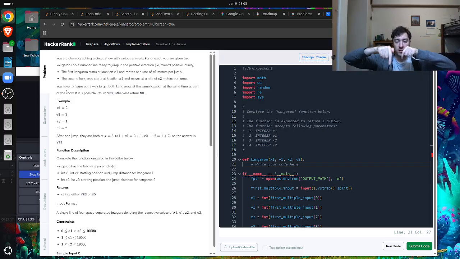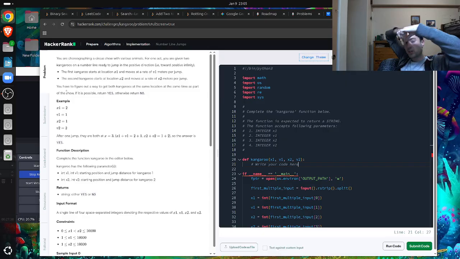The other one is, let's say that this one jumps really far, and this one jumps very little. And it goes like this, watch. This one jump, and this is one jump. Did they meet? Is the question asking, do they come to the same location on a singular jump? Or is it saying, do they cross over? Does that make sense?